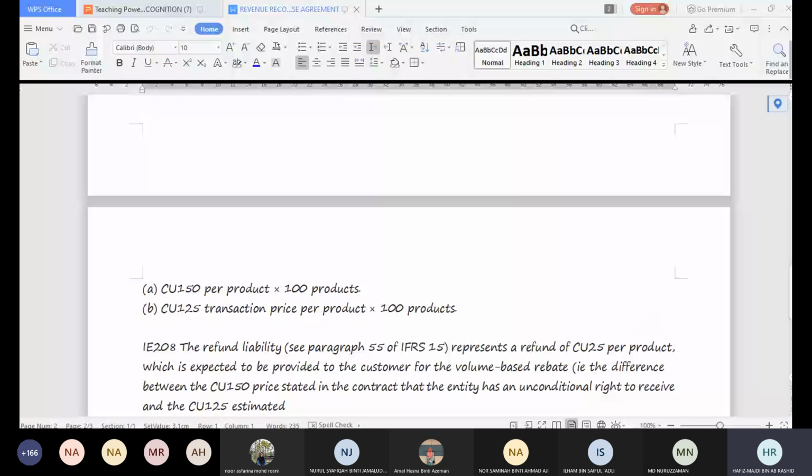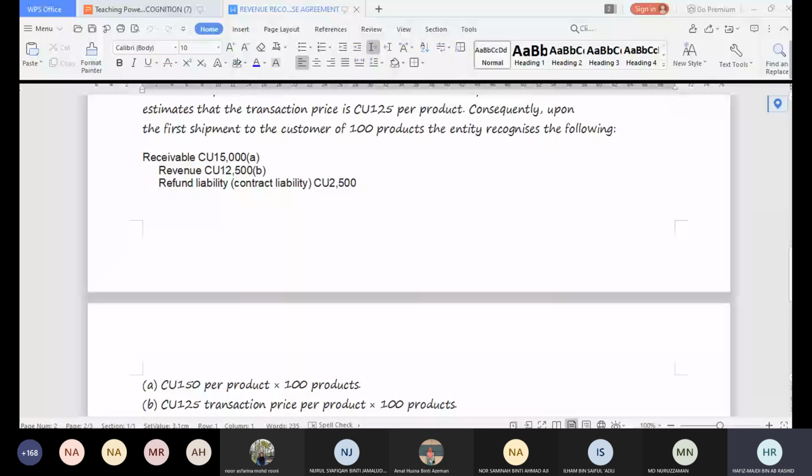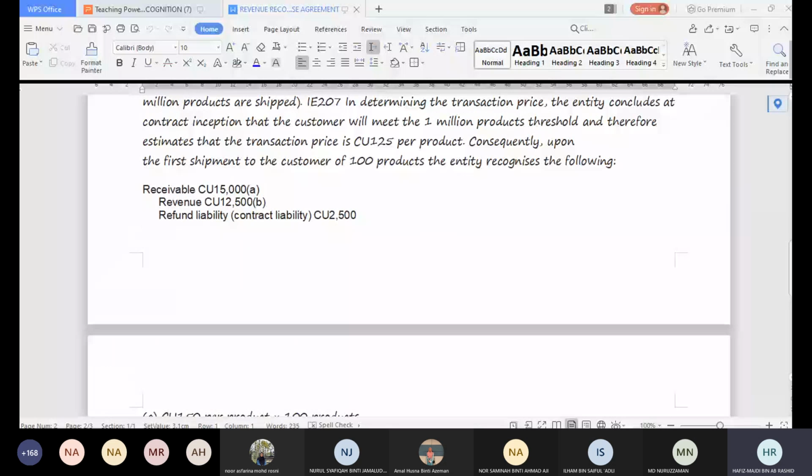Now there is a question raised in last Monday's class. If the customer has not reached that 1 million threshold, then of course the company has a right to 150, and the refund liability will be transferred into revenue.